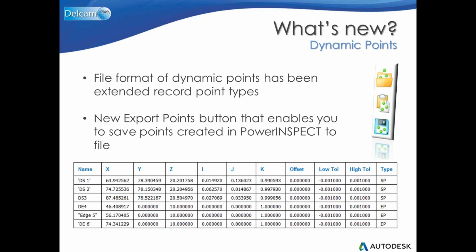In addition, the dynamic point toolbar contains a new export points button, which is this one, that enables you to save points created in PowerINSPECT to file. You can then import the points into other inspection documents or use them in other applications.